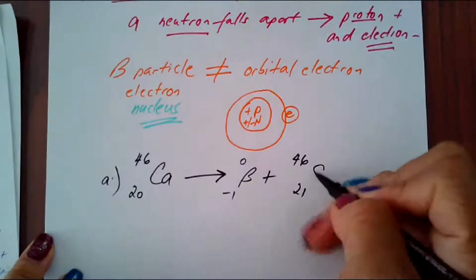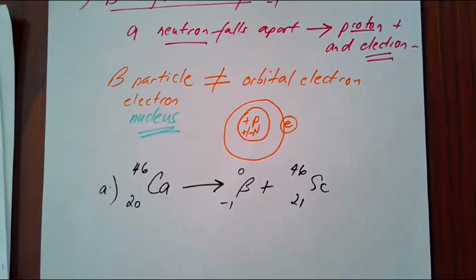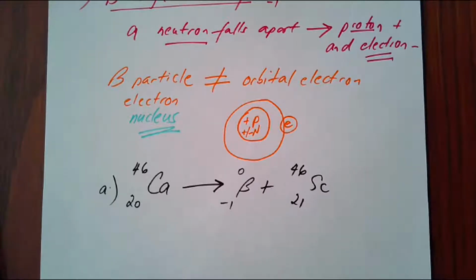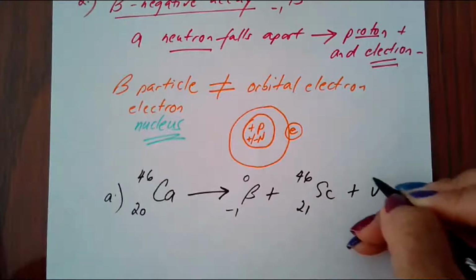Scandium. Now, what happens in a beta decay is that a beta particle is released, the electrons are assumed to travel quite fast, and an antineutrino is released.